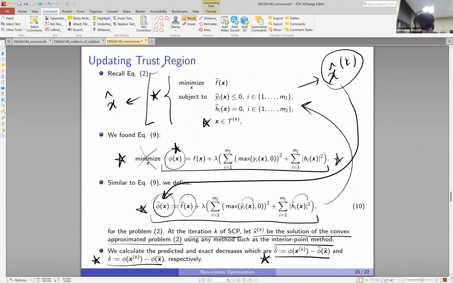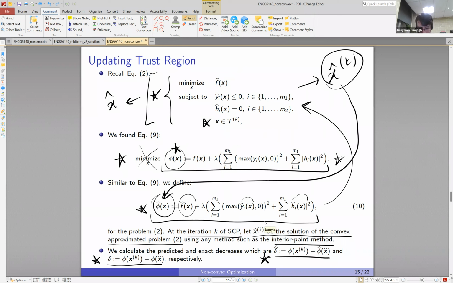Phi hat is the reformulation of the approximated optimization problem. So phi you can see as the actual optimization problem, reformulated, and phi hat as the convex approximated optimization problem, reformulated.